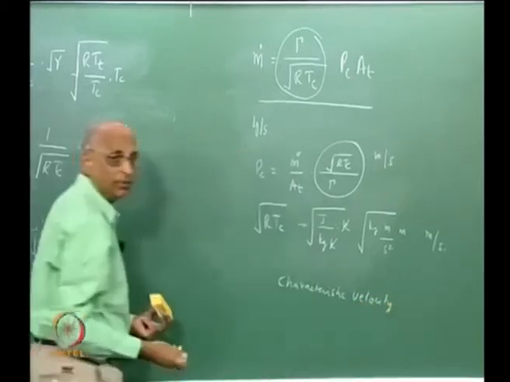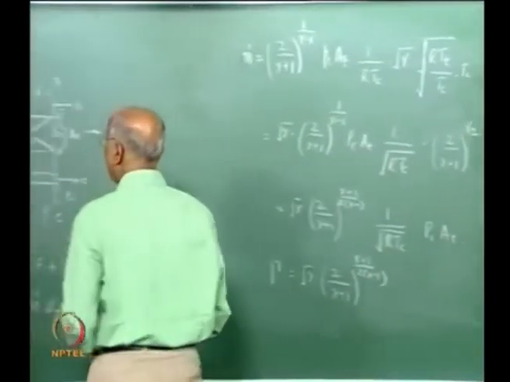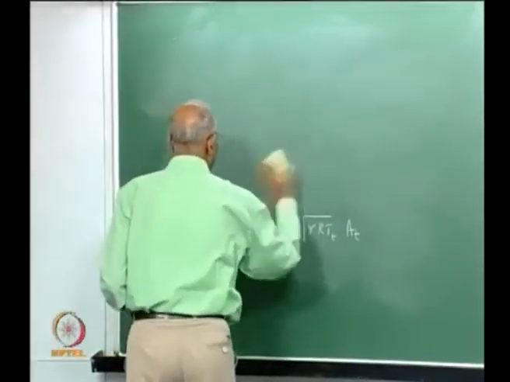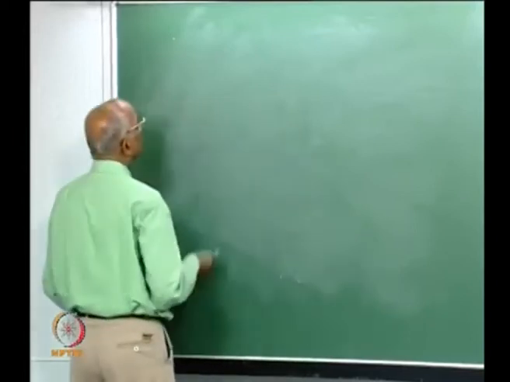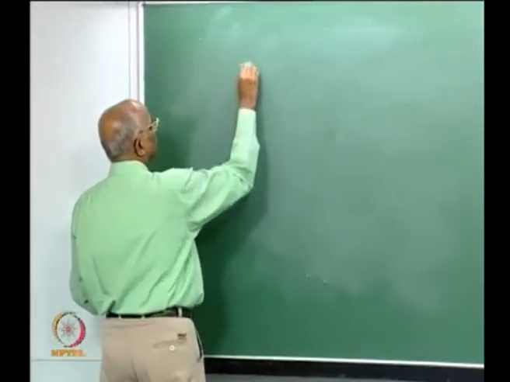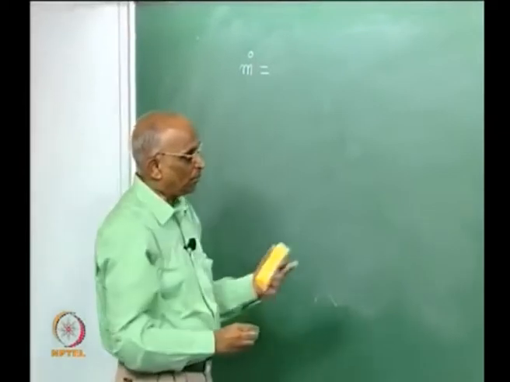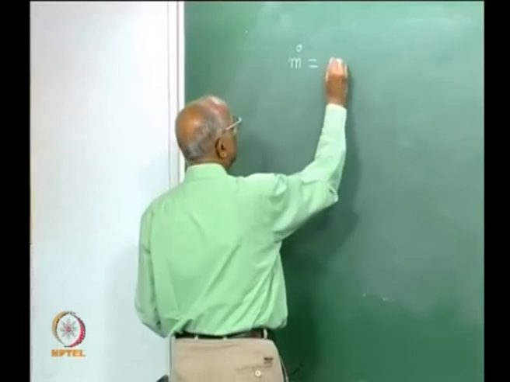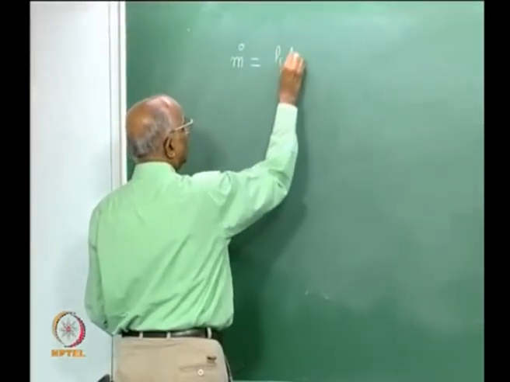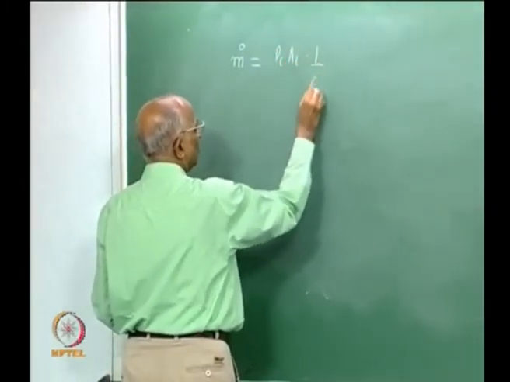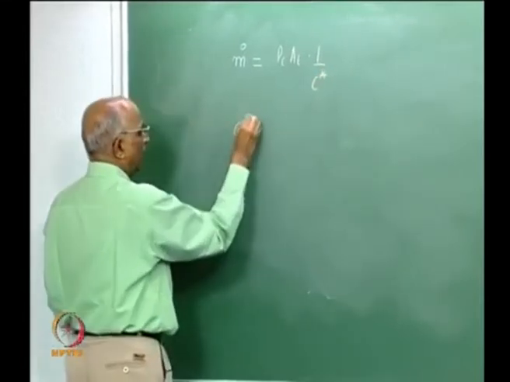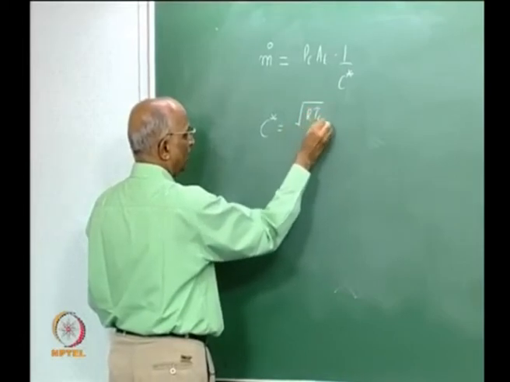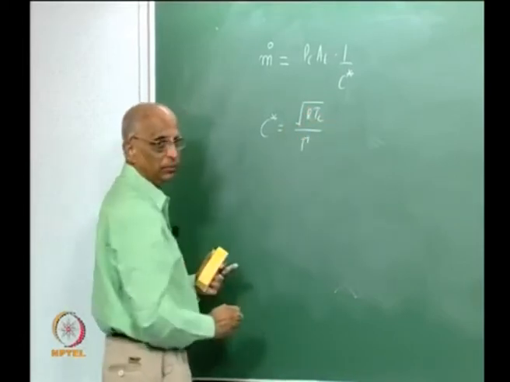Therefore I can now write my value of m dot. From that expression, m dot is equal to PC AT over C star, where C star I define as the characteristic velocity, which is equal to under root RTC by capital Gamma.